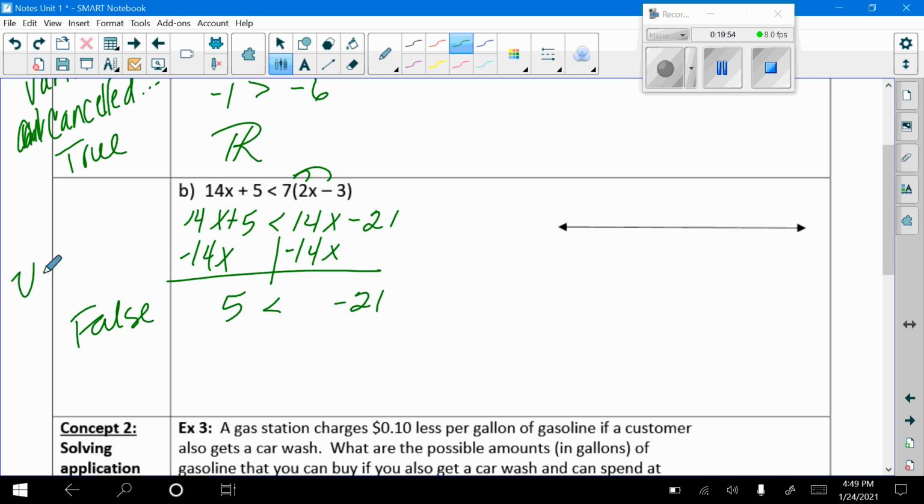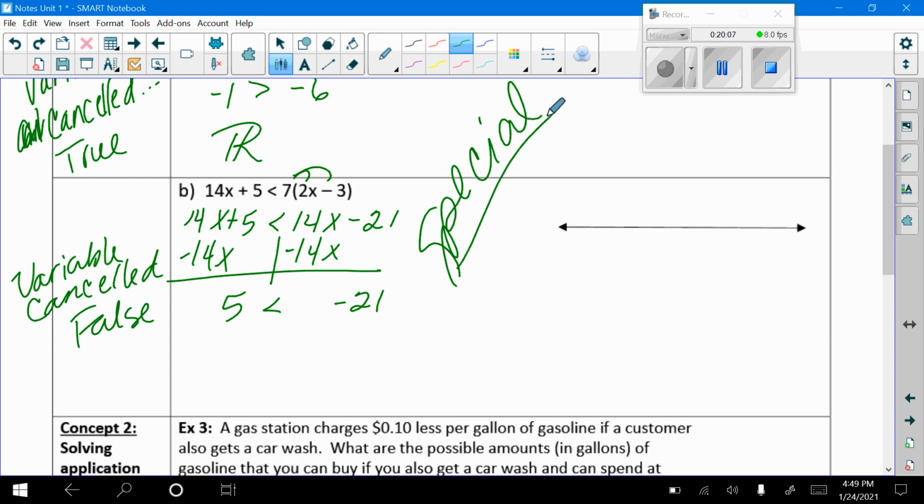So the variables canceled, so I know it's special. It's a false statement, which means no solution. So you don't even have to do anything on the number line. You can just basically say no solution. Doesn't work.